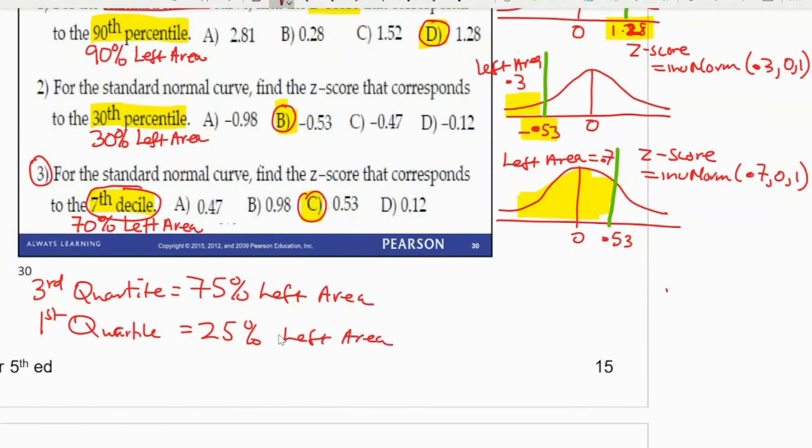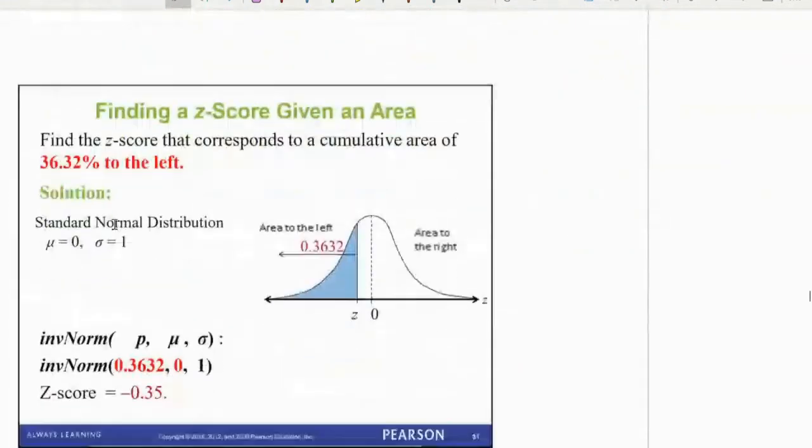So Q3 is the same as P75. We use P for percentile. And then Q1 is the same as P25. All right. So the quartiles, the deciles, they all mean left area. All of them mean left area.